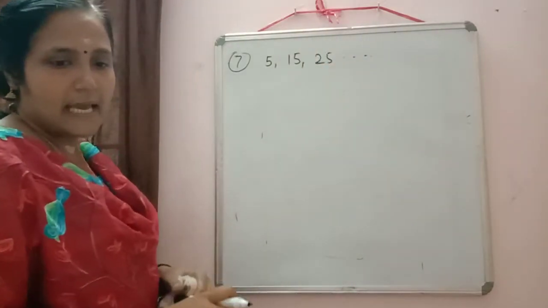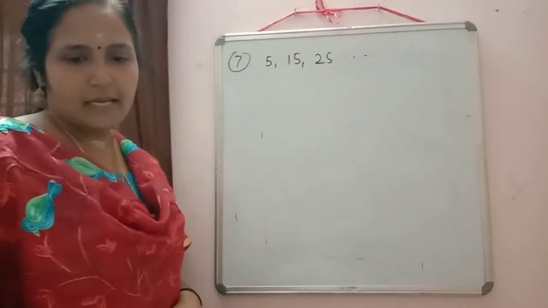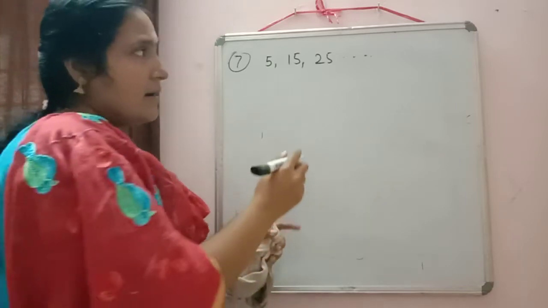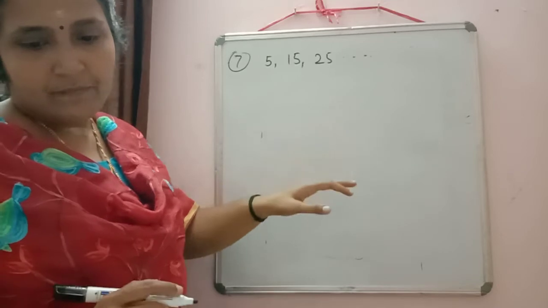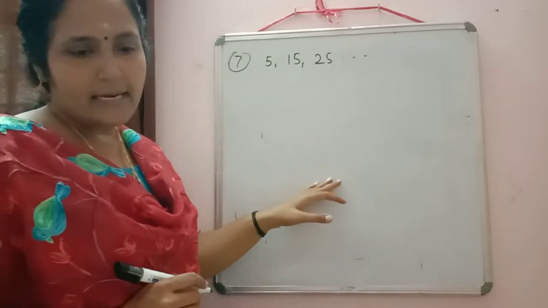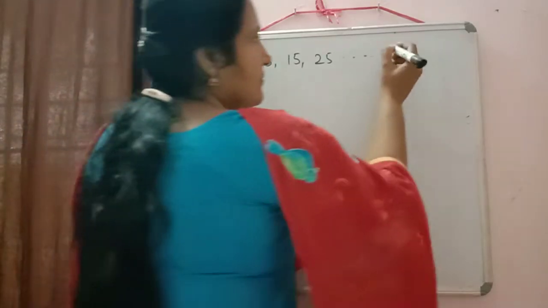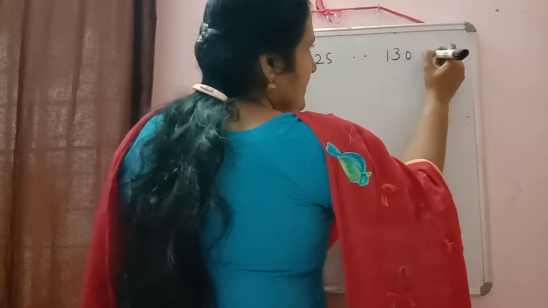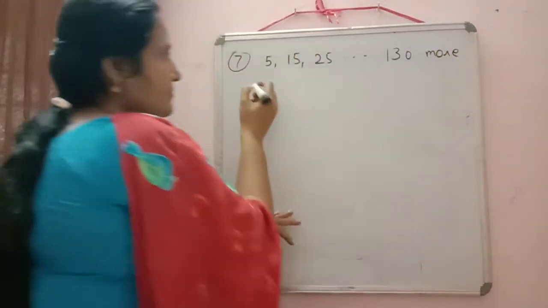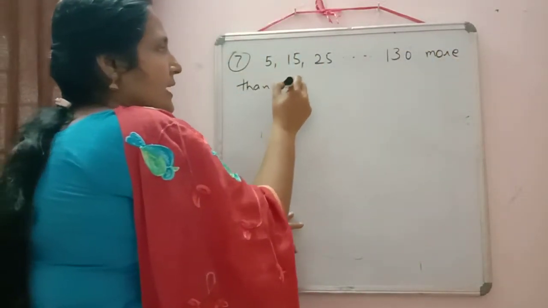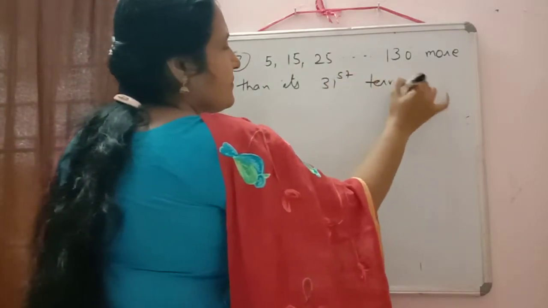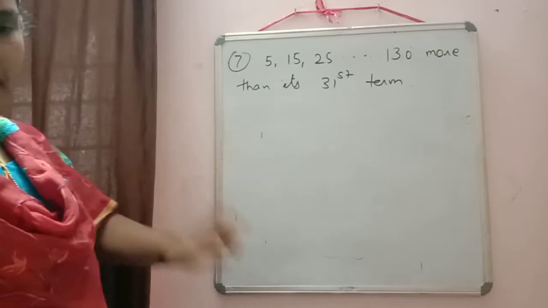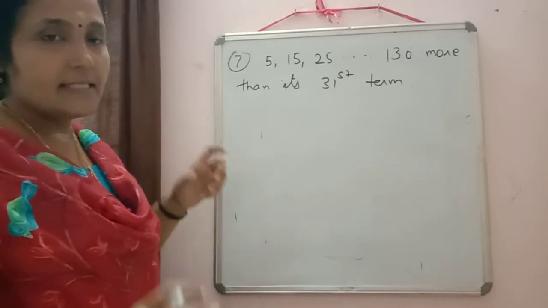Which term of the AP 5, 15, 25, etc. This is etc., put dot dot dot there. Will be 130 more than its 31st term.